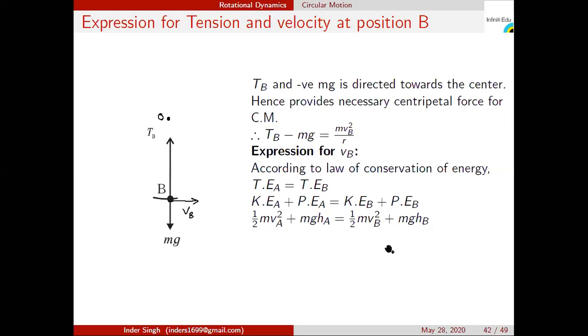Then we will substitute the values, and we should write the reason for the values substituted. Since va is equal to under root of rg, ha is equal to 2r, and the value of hb is equal to 0.